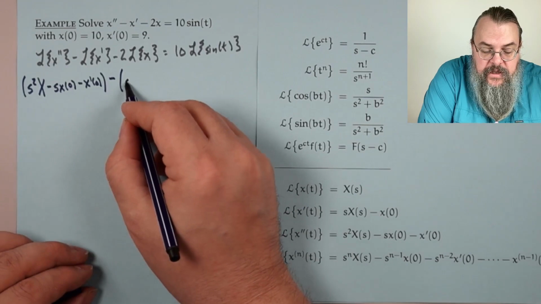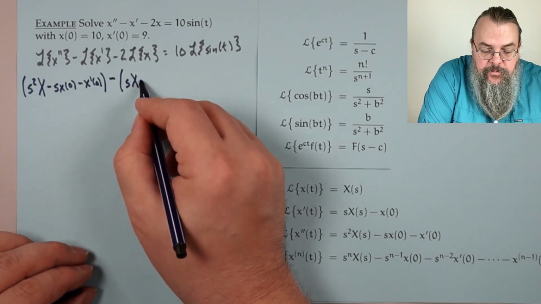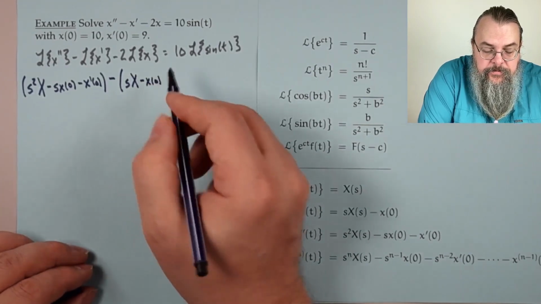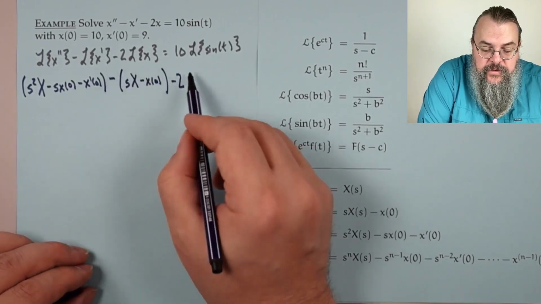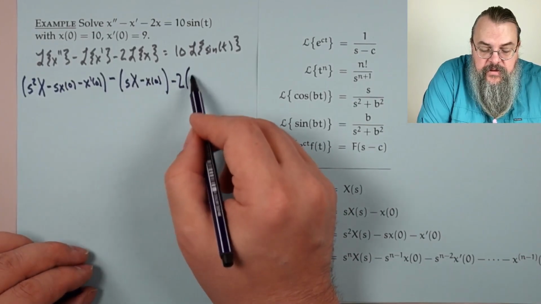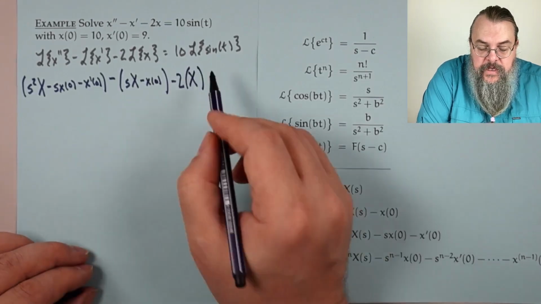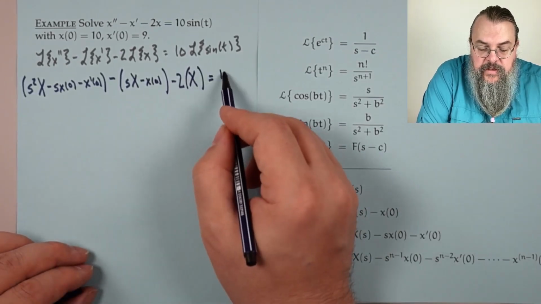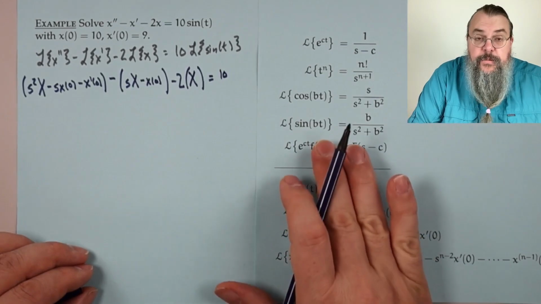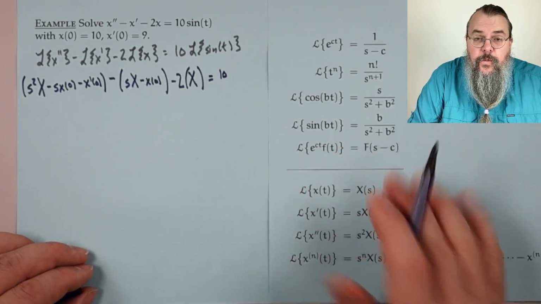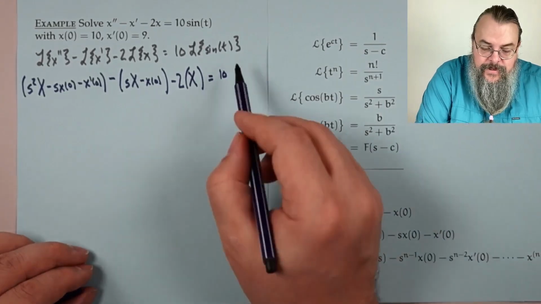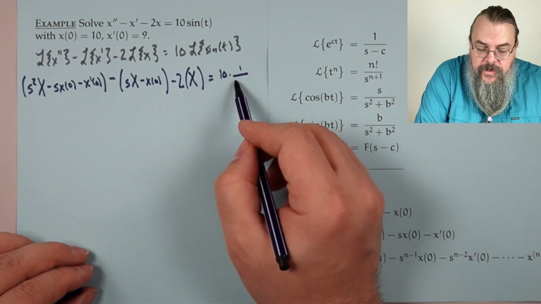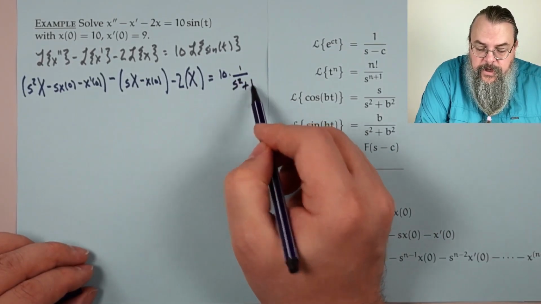That'd be s capital X minus x0. Then minus 2 times the Laplace transform of x, which is capital X, equals 10 times the Laplace transform of sine, which will be here, since b equals 1, 1 over s squared plus 1. So 10 times 1 over s squared plus 1.